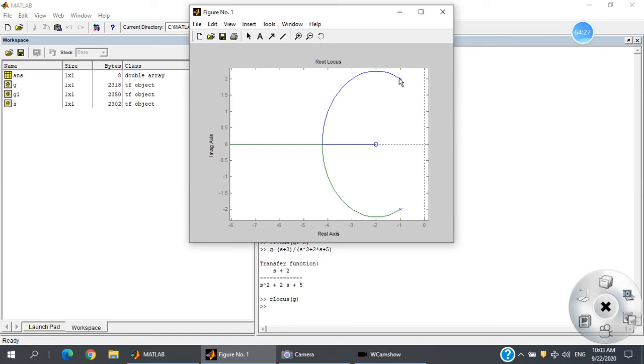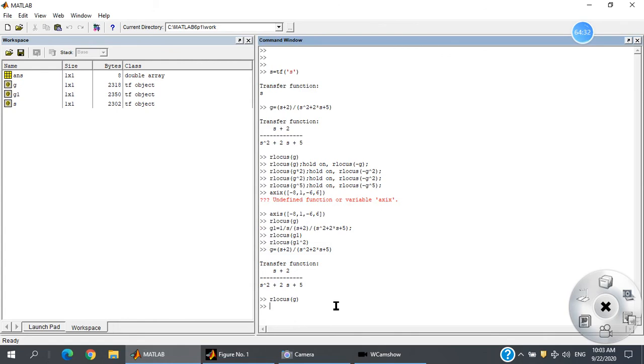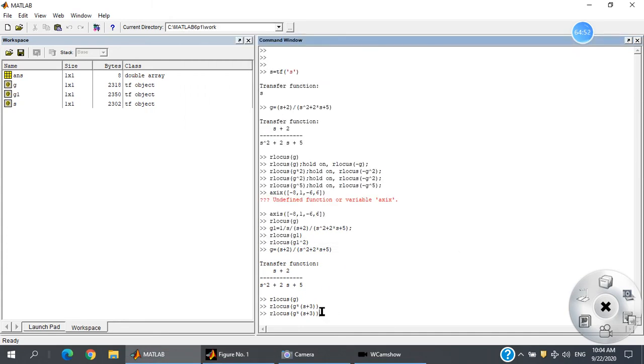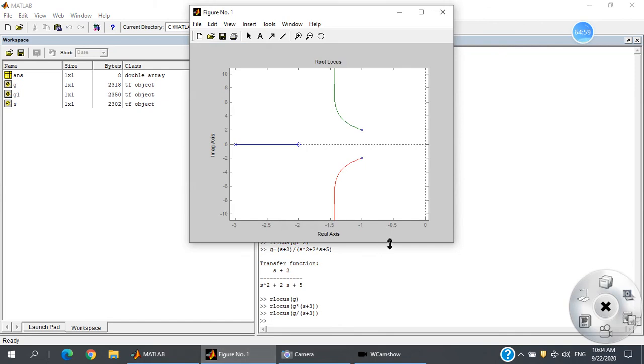If I add a pole, what will happen? Add a pole times s plus 3. Adding a zero is also a problem, but I prefer to start from adding a pole.